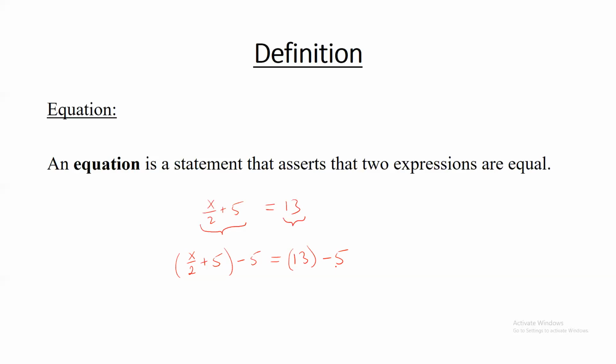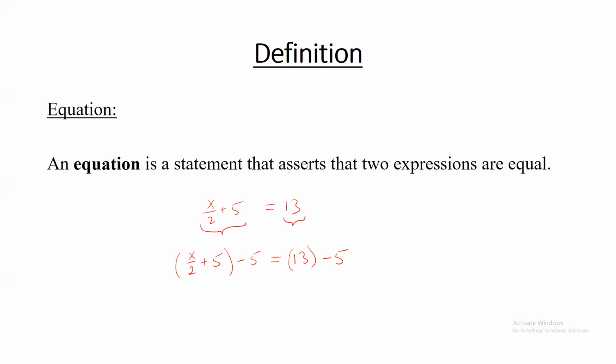the result of what's on the left is going to equal the result that's on the right, because x over 2 plus 5 is the same thing as 13, so I started with two numbers that are the same. I subtracted the exact same amount from both numbers.